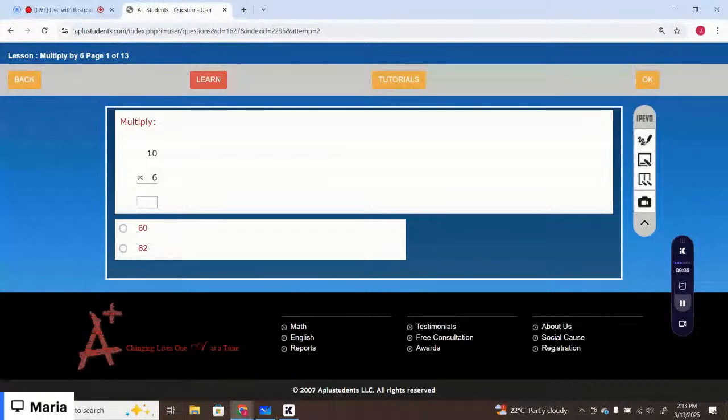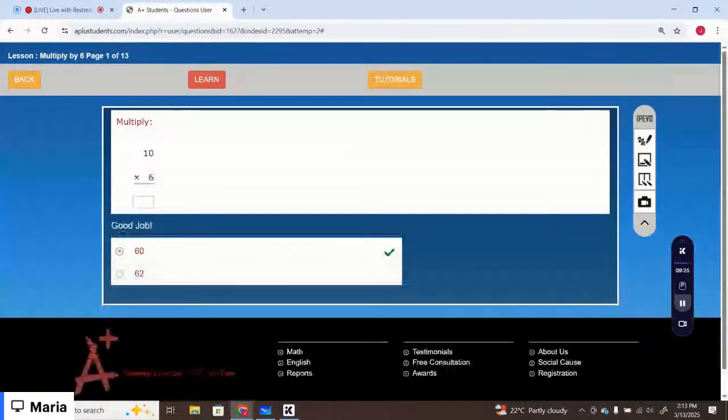Ten times 6 equals 60. It is 10 times 6 is 60. Option number 1 is the correct option.